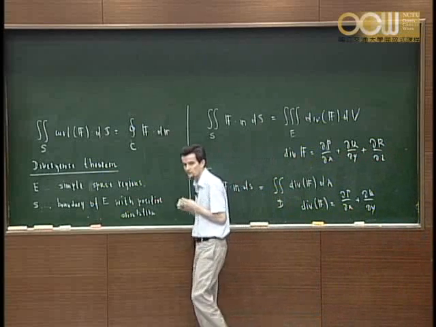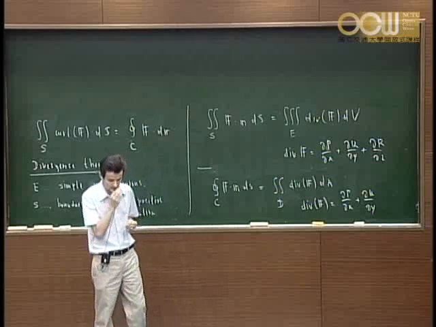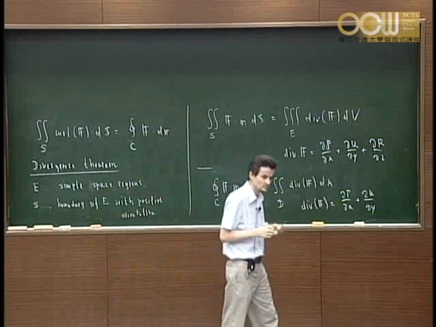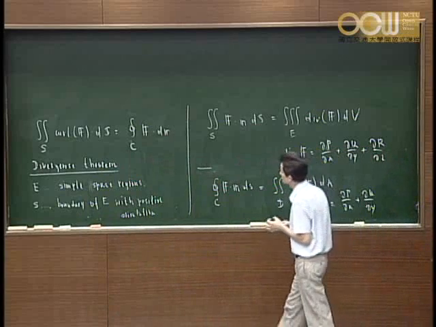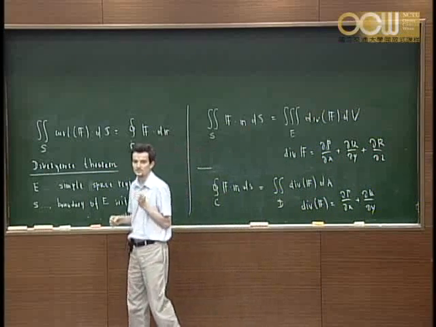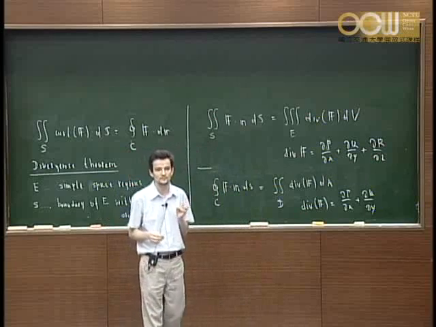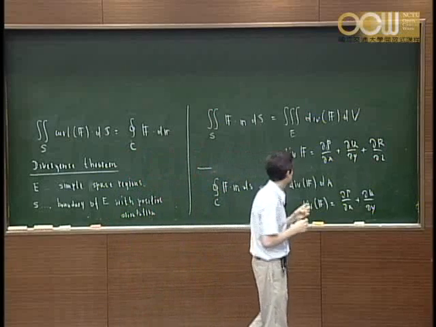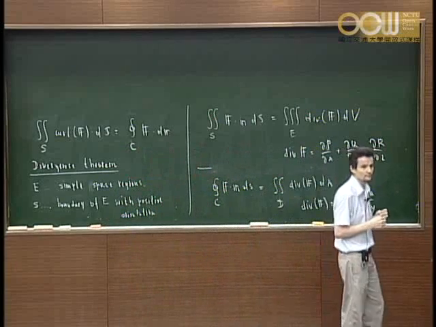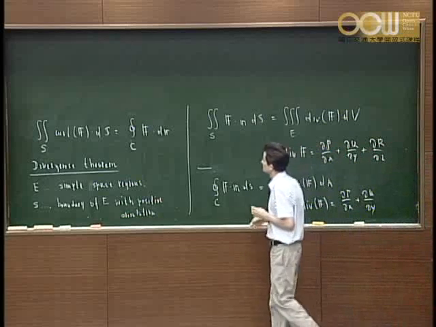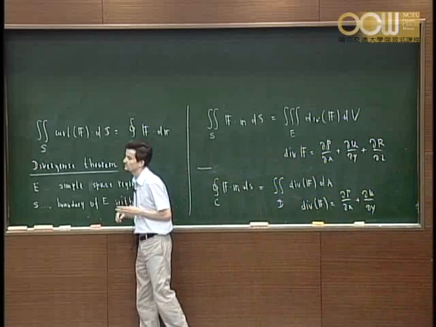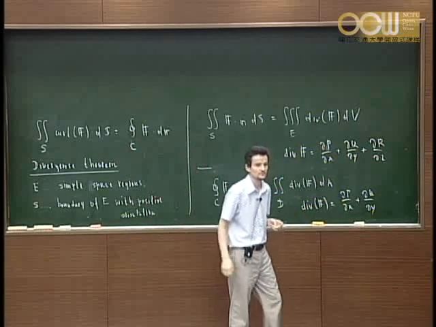But from a mathematical point of view, all those results are just higher dimensional versions of the fundamental theorem of calculus. Green's theorem is a version for double integrals. The divergence theorem is a version for triple integrals, and Stokes' theorem is a version for surface integrals.